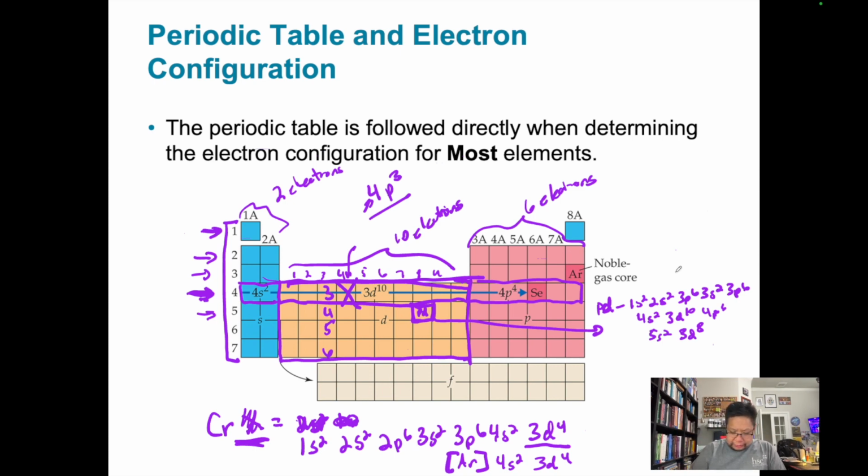And if I wanted to do the condensed version of this electron configuration for palladium, the nearest noble gas before it on the periodic table was this one here, right? So what's after argon? Is it krypton or is it xenon?